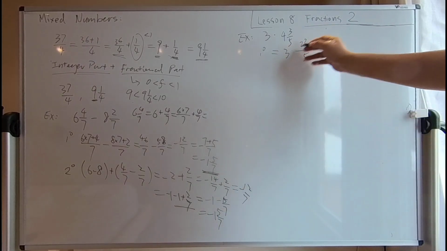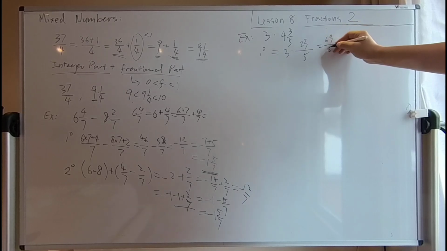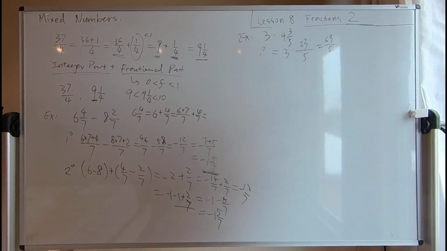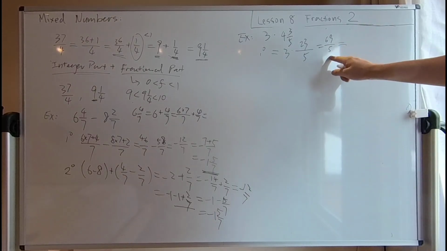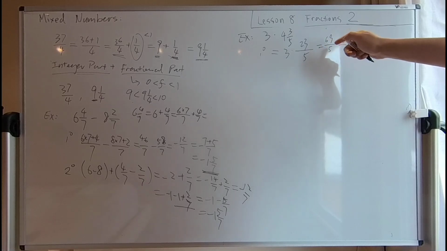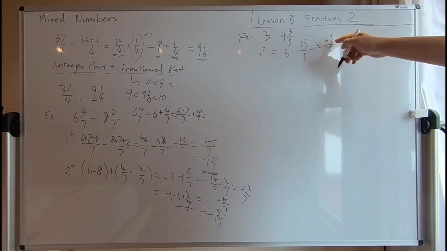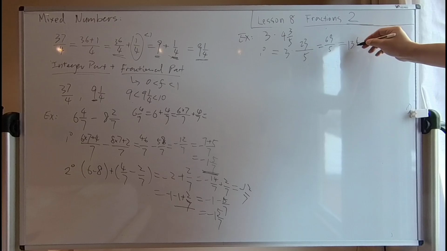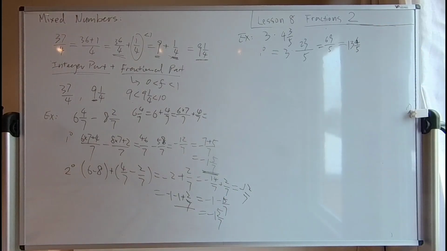And then I do the multiplication right away. I have 69 over 5. And then I can further simplify or convert this back to the mixed number. Here I will use a quicker way. 69 divided by 5 is 13, that's 65. 69 minus 65 is 4, so the remainder is 4. So 13 and 4 over 5.